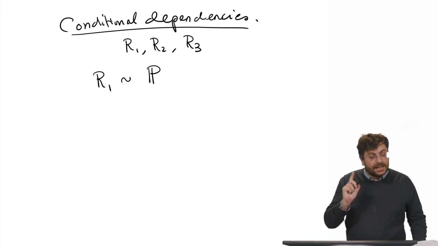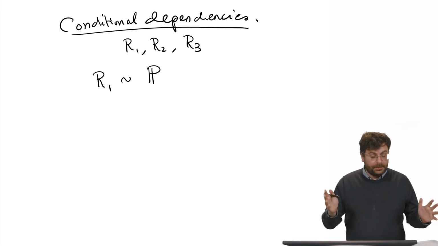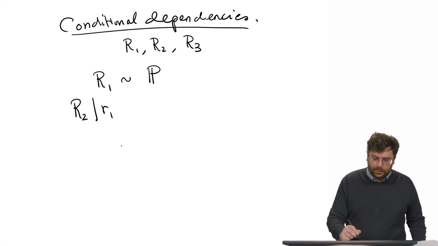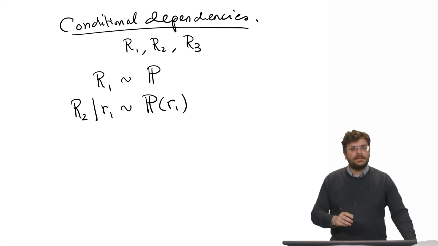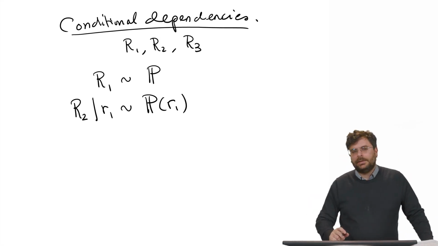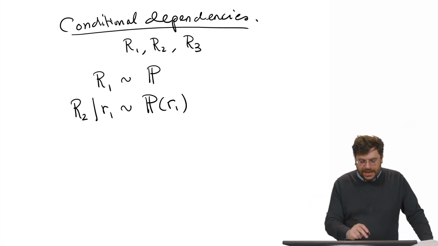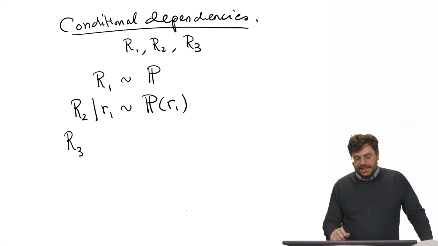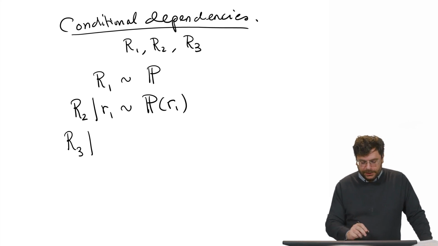Now, given that R1 was realized at this point to some value, then R2, given R1, is drawn from another distribution that depends on that realization or that outcome. Now that R1 and R2 have both been realized, then I can ask, how is R3 distributed given the outcome for R1 and R2?